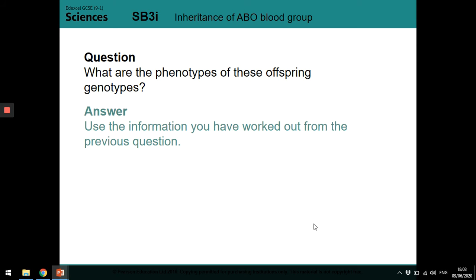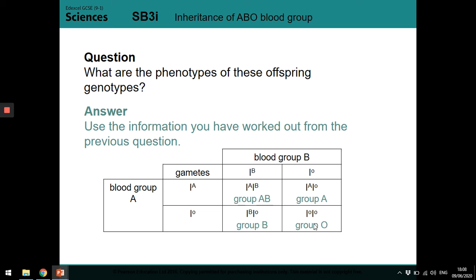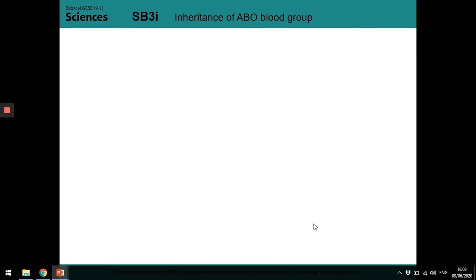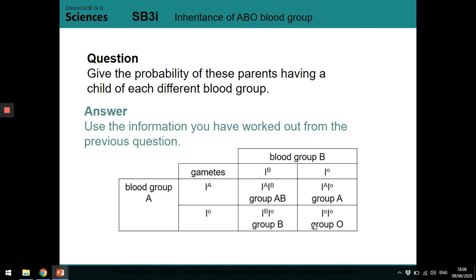If we look at the phenotypes of these offspring, as I said before, we have blood group AB, blood group A, blood group B, and blood group O. The probability is 25% each of having a child with these different blood types.